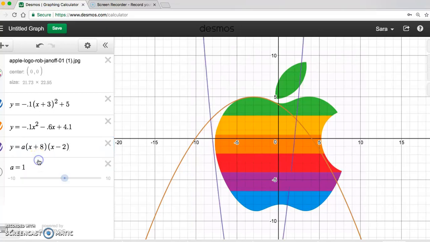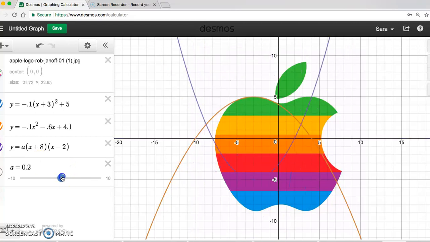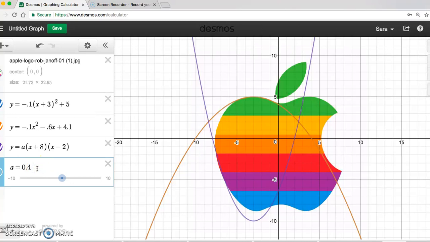All right, then I'm going to click on that A value, and just my slider. A little bit. 0.4. 0.35.